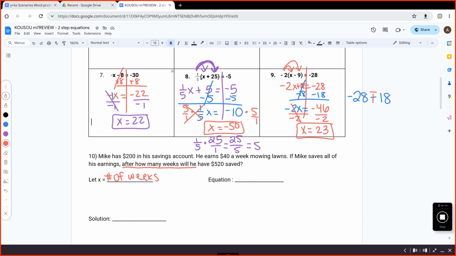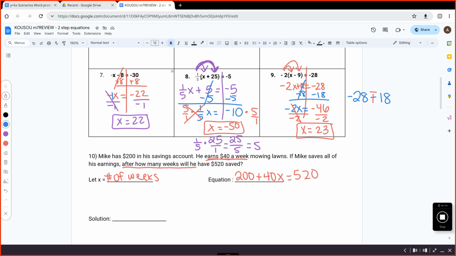All right, so right now Mike has $200 in his account, and then he's earning $40, which means $40 a week. So he's adding $40 to what he already has, and we're multiplying that by x because it's $40 a week. So it's 200 plus 40x is equal to 520.